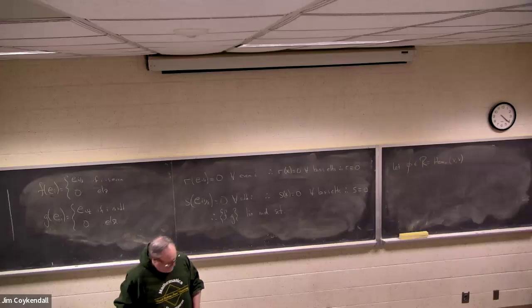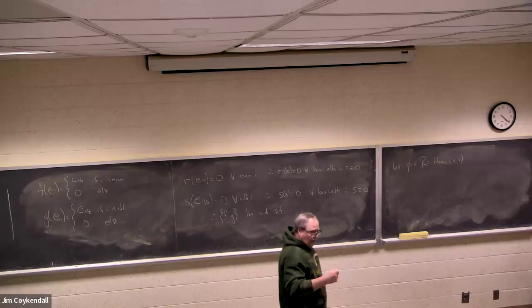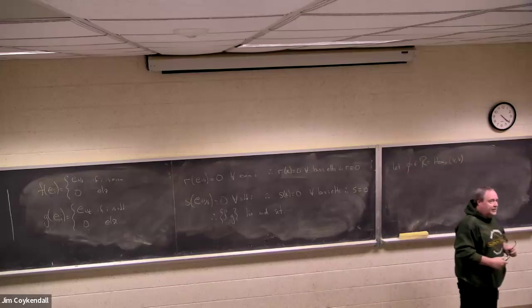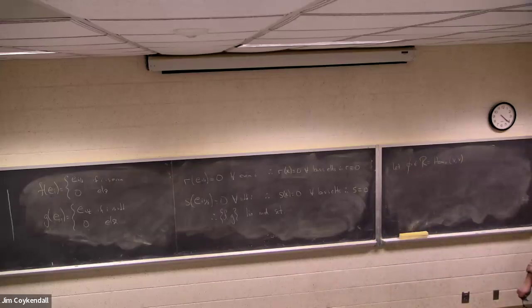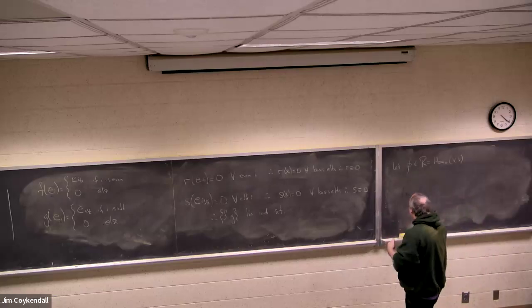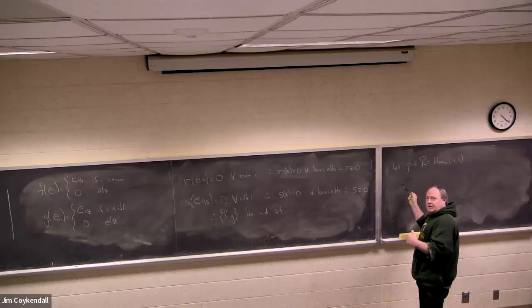I've got an arbitrary linear transformation phi here. I want to show that I can write this as a linear combination of F and G. And again, to determine this phi, all I need to do is understand what it does to basis elements.